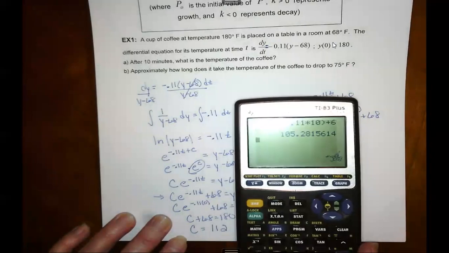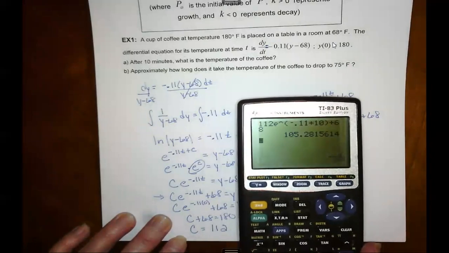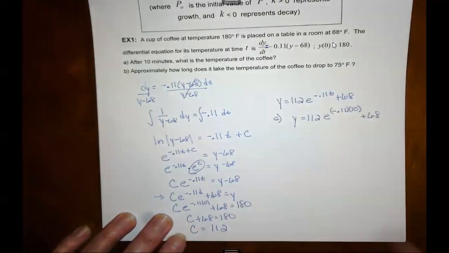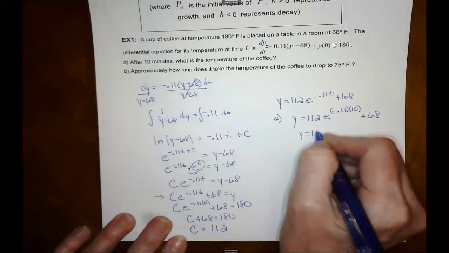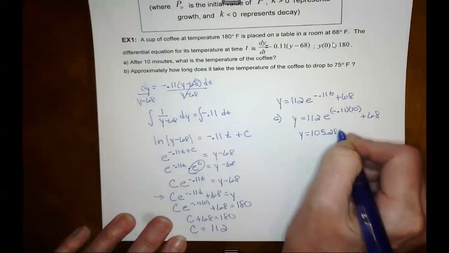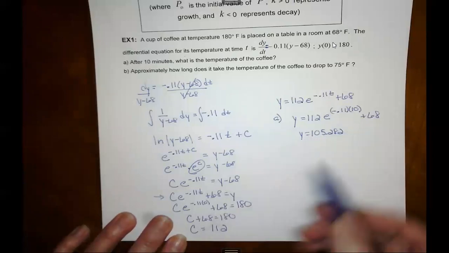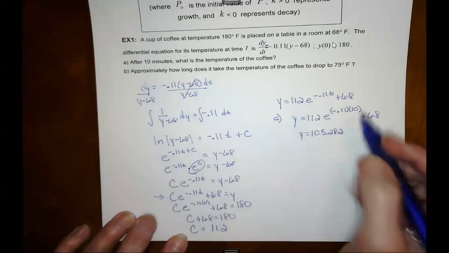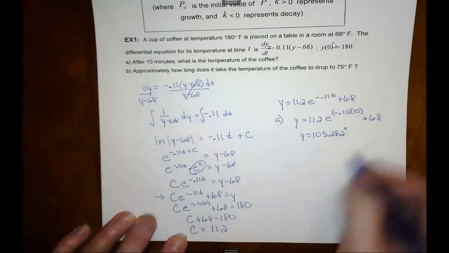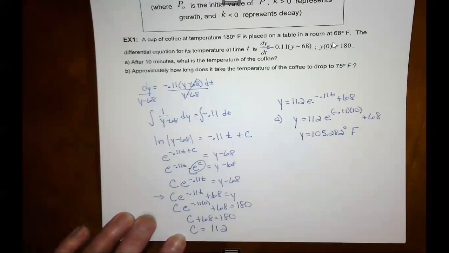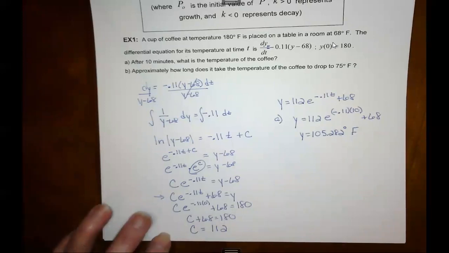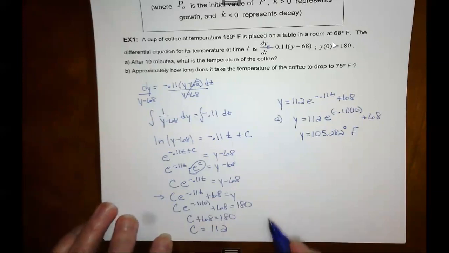All right, so there we go, 105.282. y equals 105.282. And y in this problem is representing degrees Fahrenheit. So the coffee's dropped in temperature a little bit in those 10 minutes.